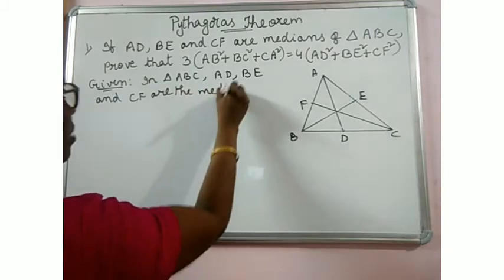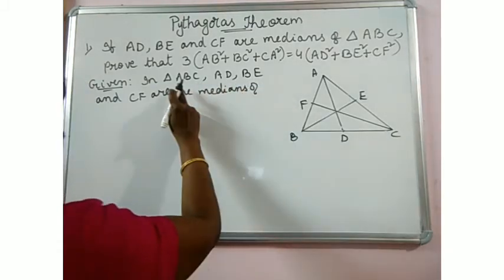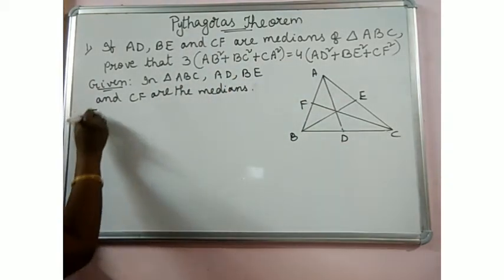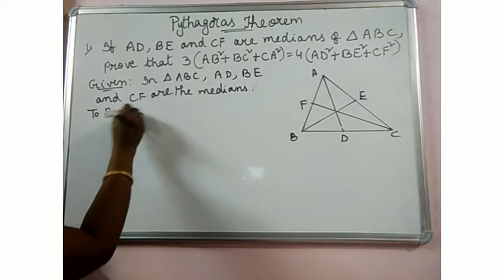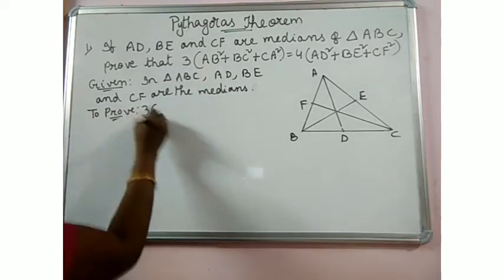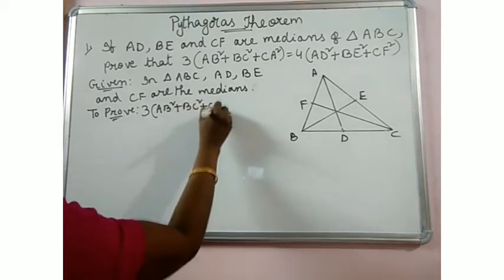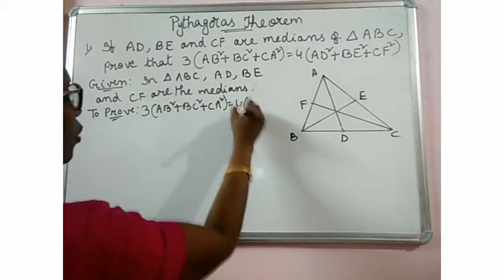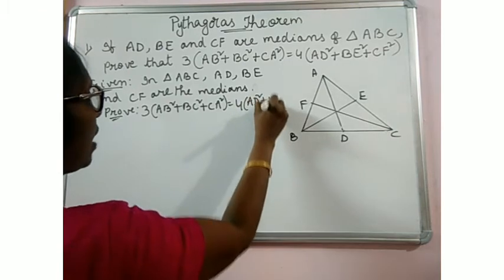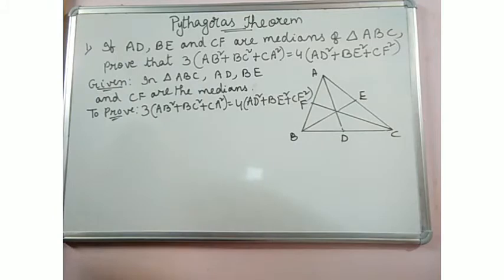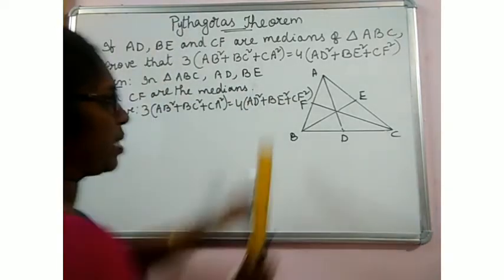We have to prove that 3 into (AB square plus BC square plus CA square) is equal to 4 into (AD square plus BE square plus CF square). This is what we have to prove. And in this particular question, there is a construction step.